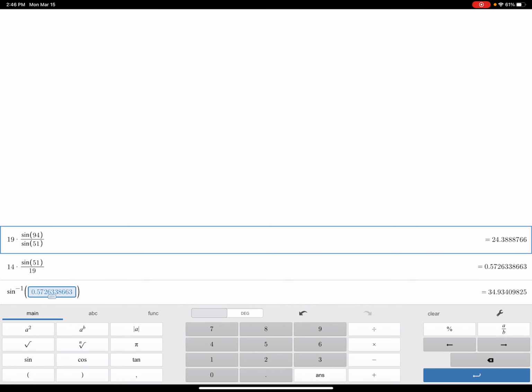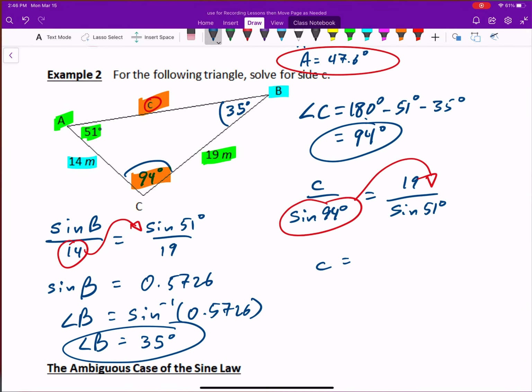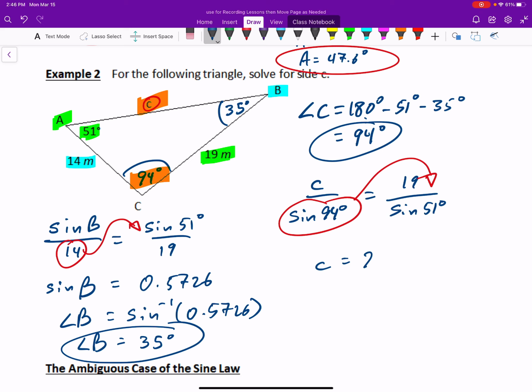And I got 24.4. And the unit is meters because the original 14 for side little b was in meters.